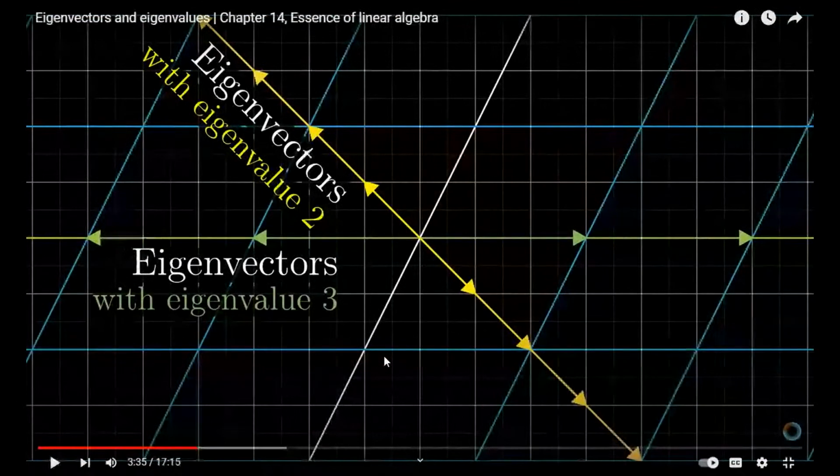Understood? So such vectors which are going to participate in such behavior of not changing the direction but still expanding or scaling will be the eigenvectors. Okay. If you are clear, we'll go ahead.